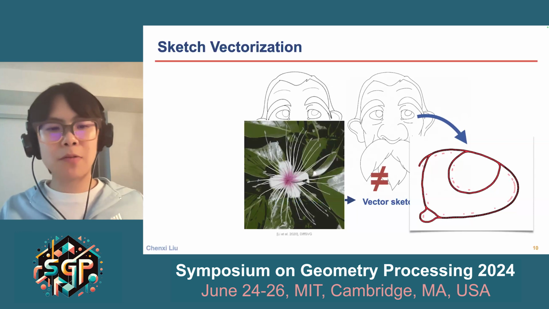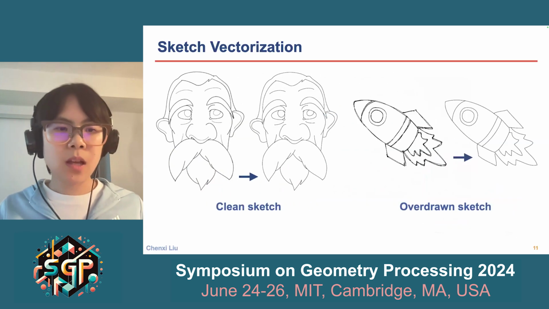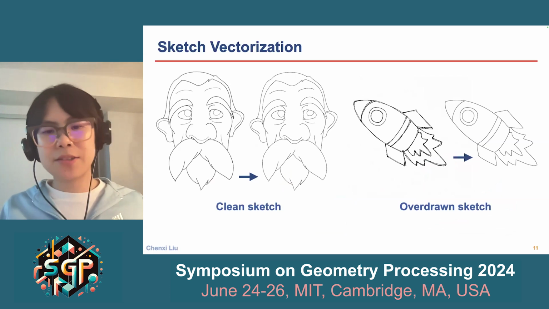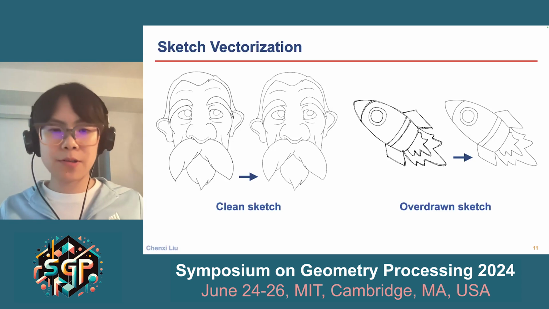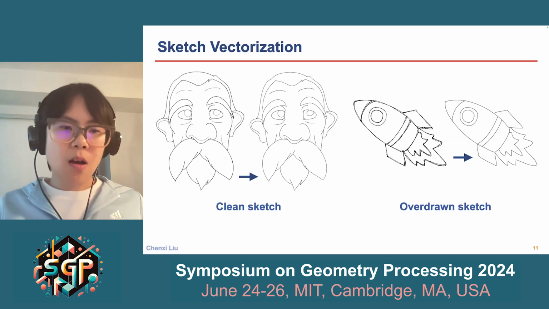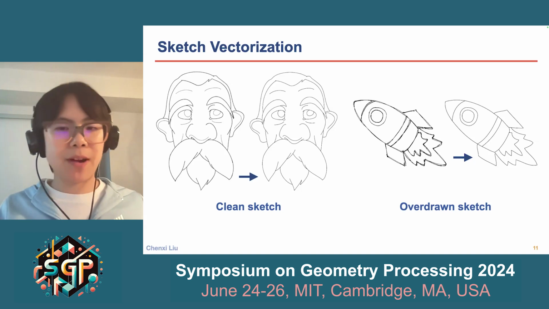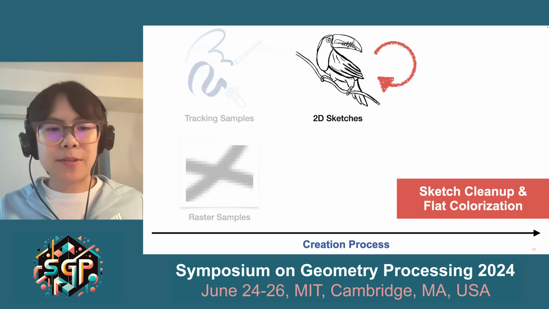This is very different from photo vectorization, which focuses on regions. When reading sketch vectorization papers, one should pay attention to whether the method takes clean sketches or rough sketches with overdrawing as its inputs. Most methods only work on clean inputs, but can be combined with the raster cleanup method we just saw before. Now let's go back to the roadmap.